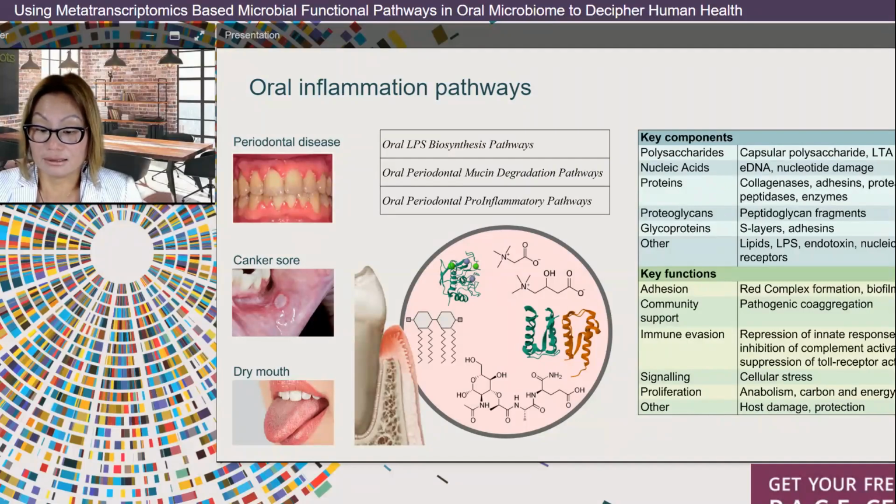Mucin degradation is a known factor in periodontal disease. The third one, the oral periodontal pro-inflammatory pathway score, is heavily focused on both inflammation and periodontal destruction, which are defining symptoms of gingivitis and periodontal disease.